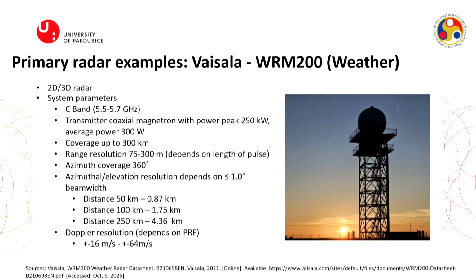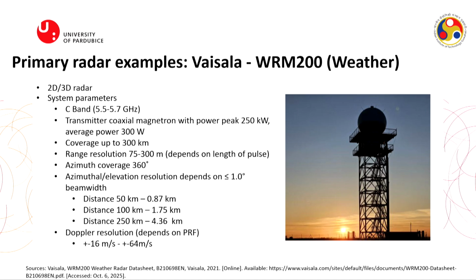Coverage is about 300 kilometers, so it is big coverage. Range resolution is 75 up to 300 meters. And again, you can see it depends on length of pulse, long or short. It is one of the parameters which we will discuss later, and it is very important.